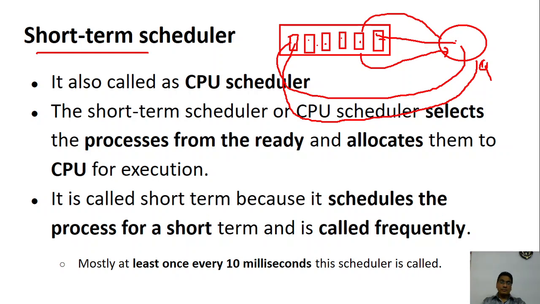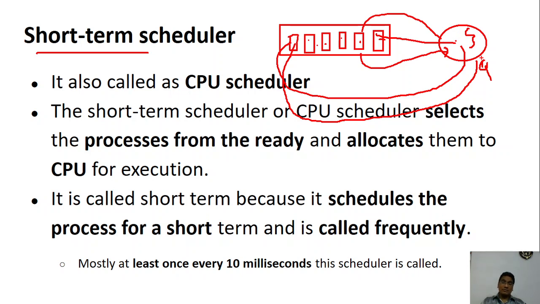If this process is running and there is an input output request before the quanta time, then it will be pulled out. So that means at any instance of time, a lot of processes are scheduled. Some of them get suspended, some of them interrupted, some of them get terminated because of completion, and so on and so forth.